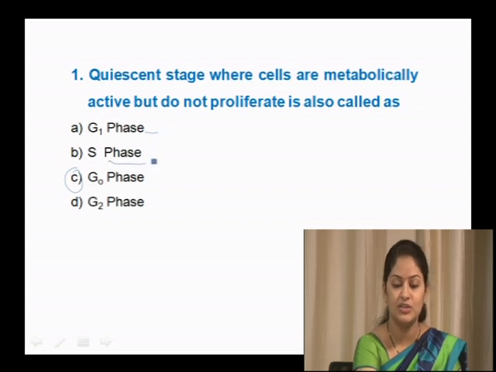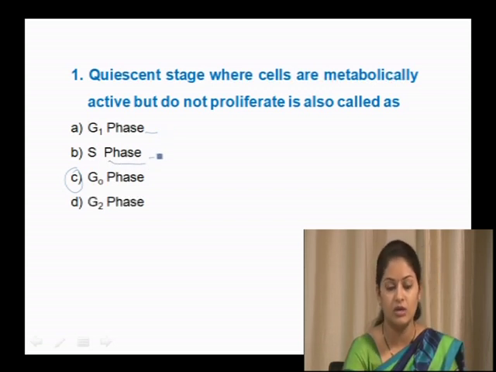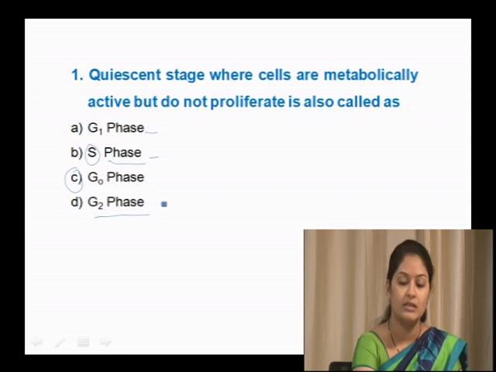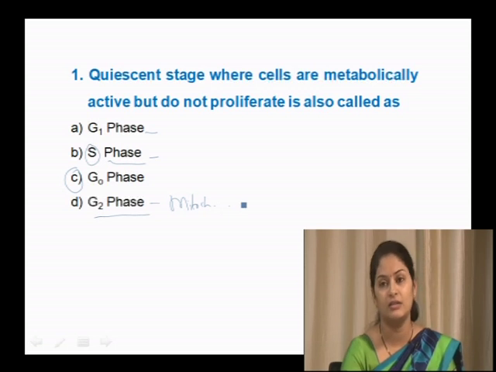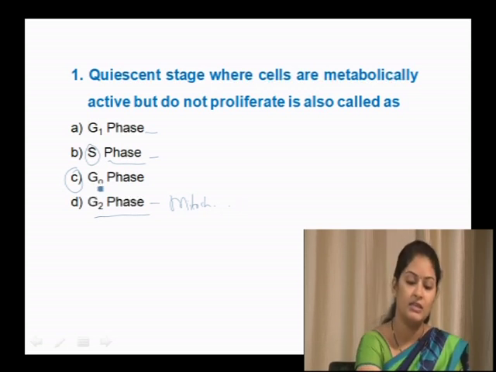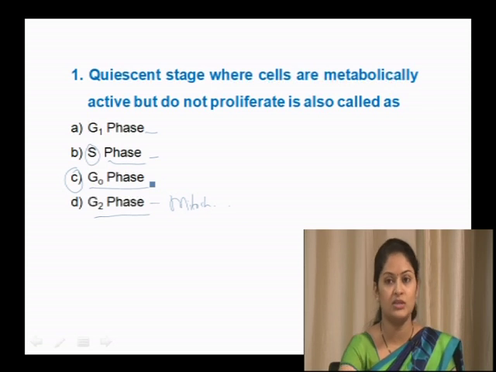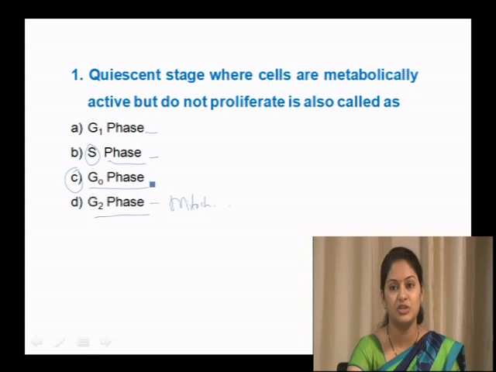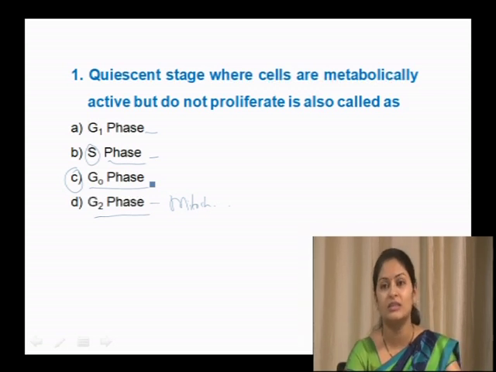S phase is a stage during which DNA doubling will occur, therefore it is rightly referred to as a synthetic phase. G2 phase is the last stage of interphase where the cell organelles, for example mitochondria, will divide and their number will double. Therefore, the answer for this question is G0 phase, where the cells are in a non-dividing stage. You can call them differentiated cells, or permanent tissues like parenchyma are in this particular stage. So, answer is C.